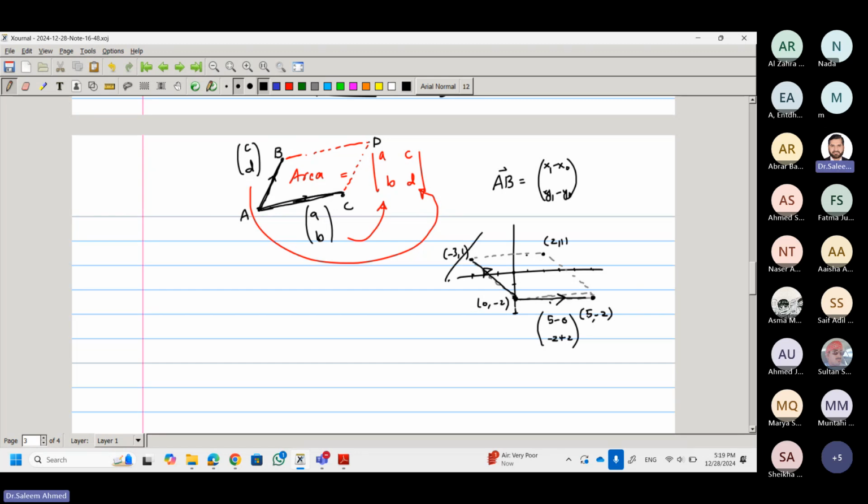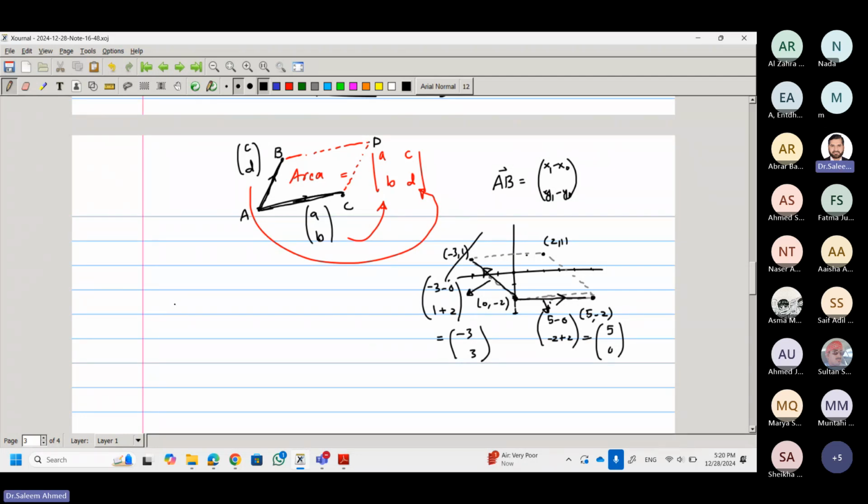So this vector becomes 5, 0. And the second vector is x minus 3 minus 0, and y values, 1 minus minus 2. So this vector becomes minus 3, 3. So these are the 2 vectors.